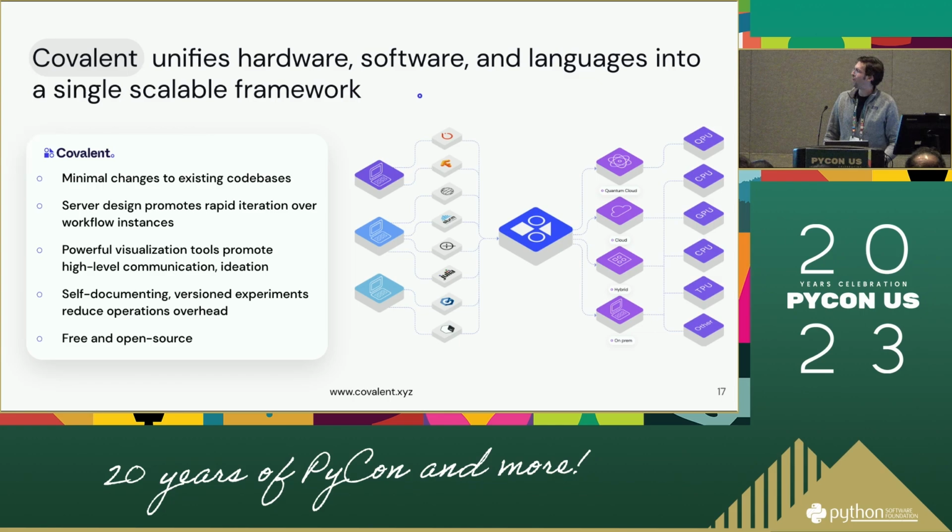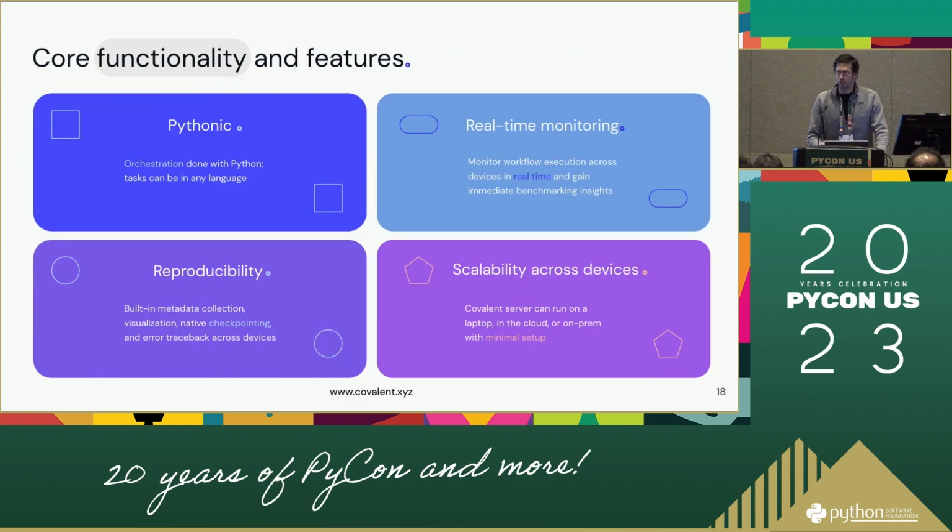And of course, the last point here, Covalent is free and open source, and we encourage contributions from the community as well. So I'll just highlight a few different features and functionalities here. There are, of course, a lot more than this. It's Pythonic. That goes without saying, given where we are.